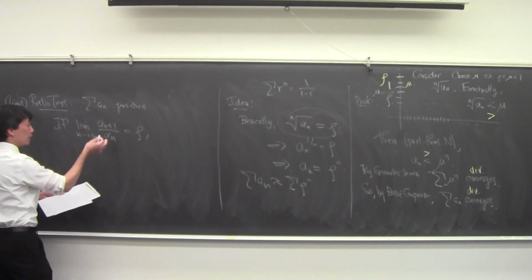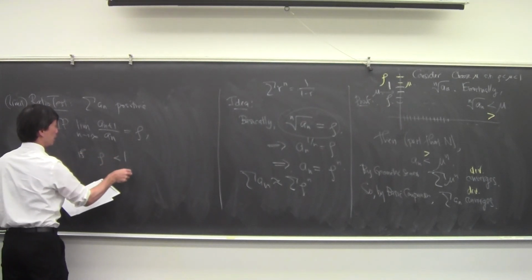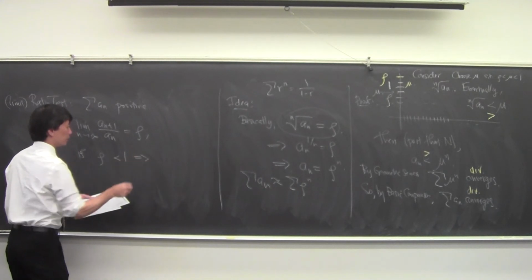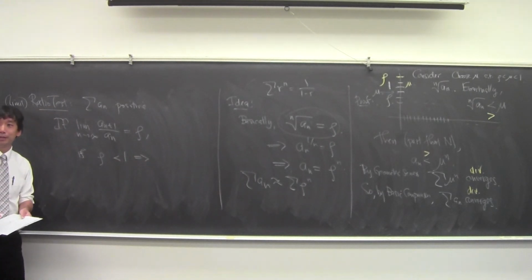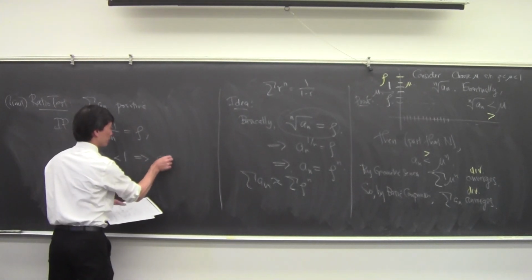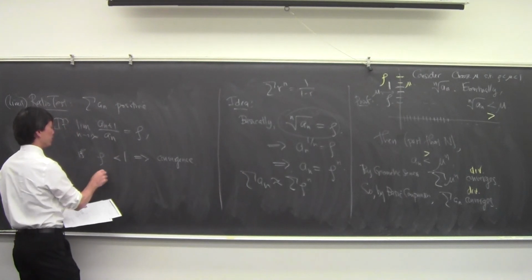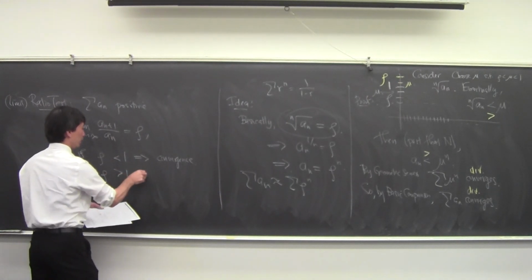So if that limit exists and if that ratio is less than 1, then you get convergence. Then the series converges. If the ratio is bigger than 1, you get divergence.